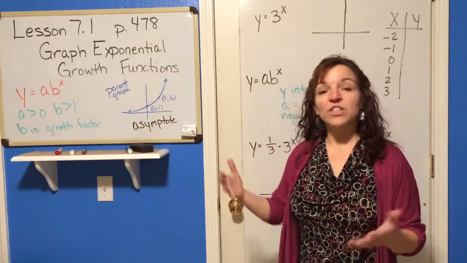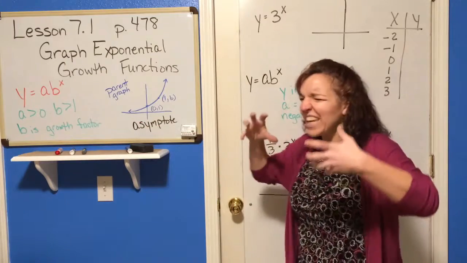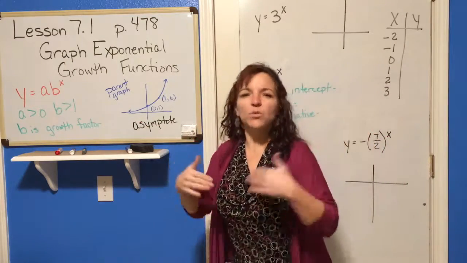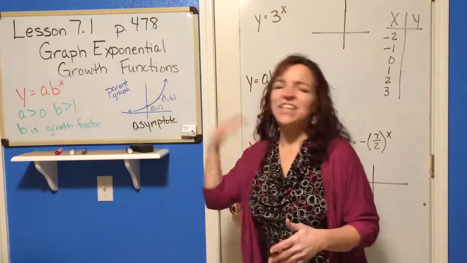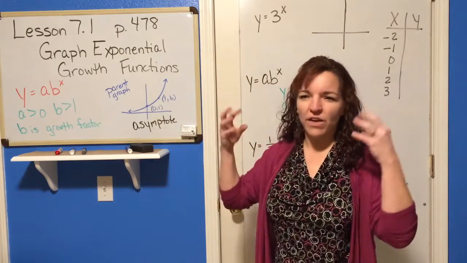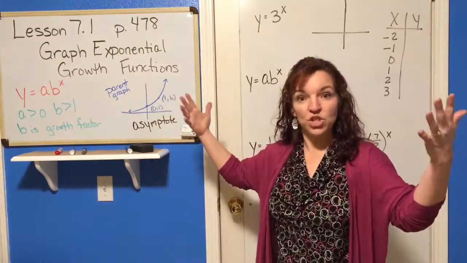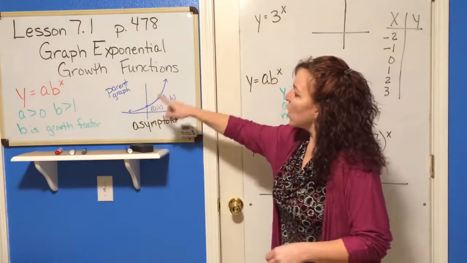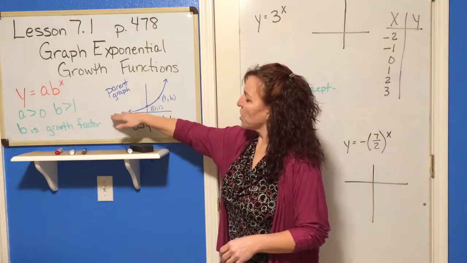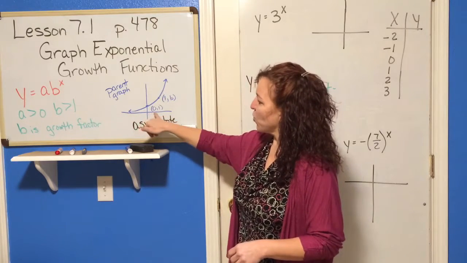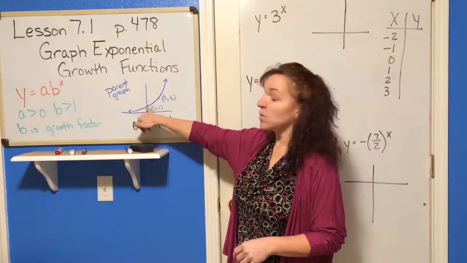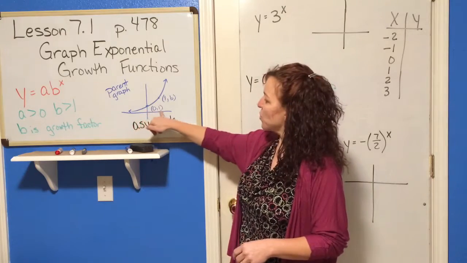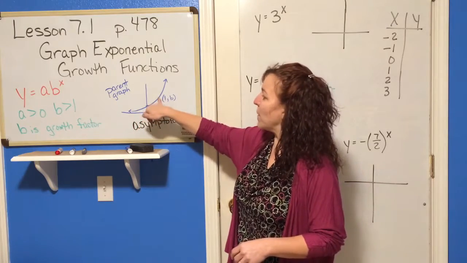As with all of the graphs, I'll show you a parent function. If you can get in your mind what the general shape of this graph is, then this really won't be hard. We just graph 2 points and then you know the shape of the whole graph. So the parent graph looks like this, where it starts very close to the x-axis. It goes through the point 0, 1, and then it's going to go through the point 1, b.